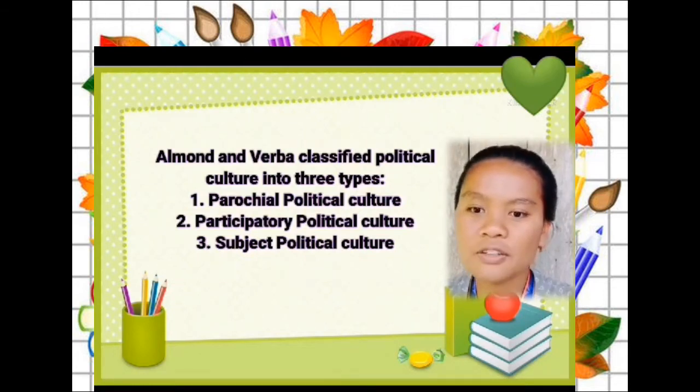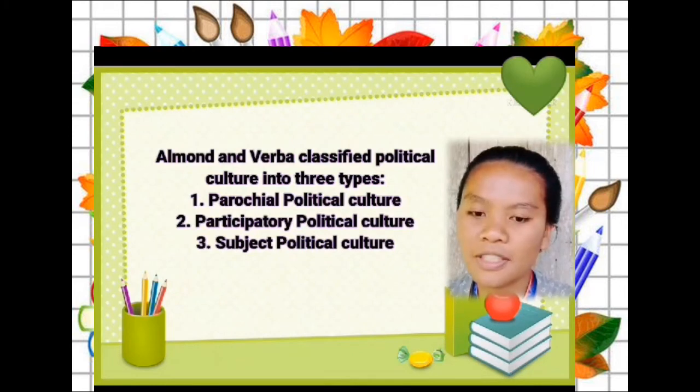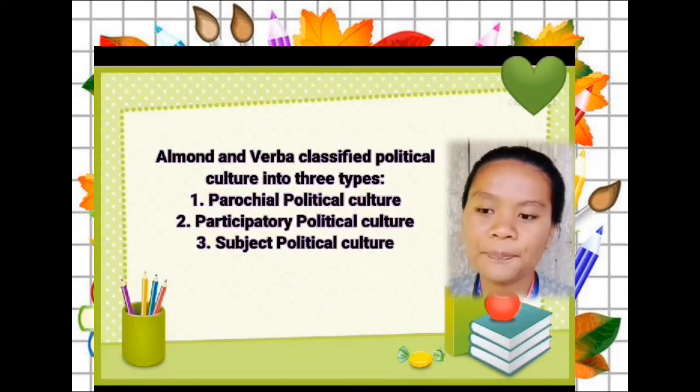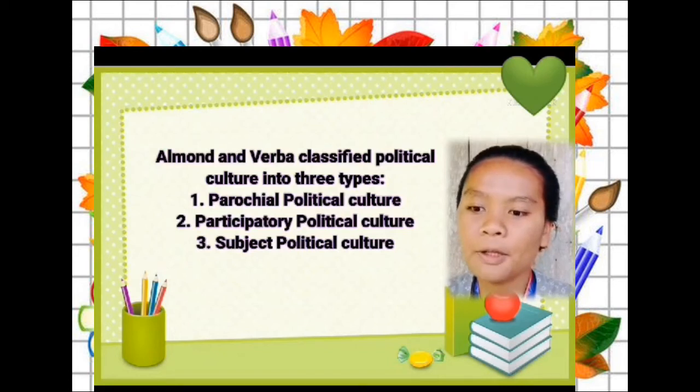And lastly, subject political culture. In this kind of political culture, the role of the people in political affairs is significant. The public is fully aware of the political system prevailing here and the effect of state action on their way of life. Despite the existence of enthusiasm for political life, the people make no attempt to influence the decision-making processes.